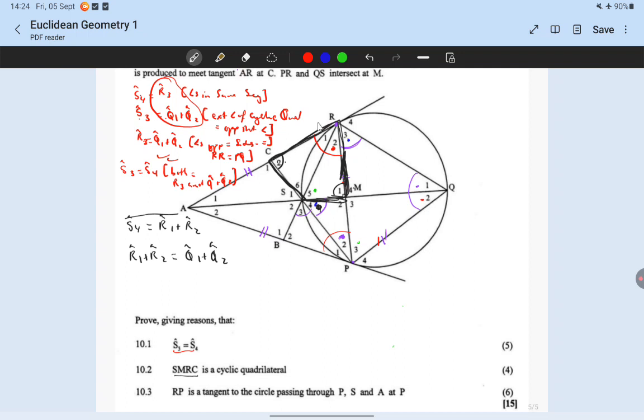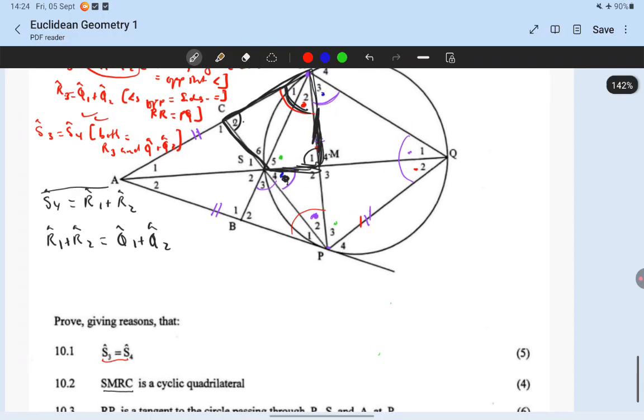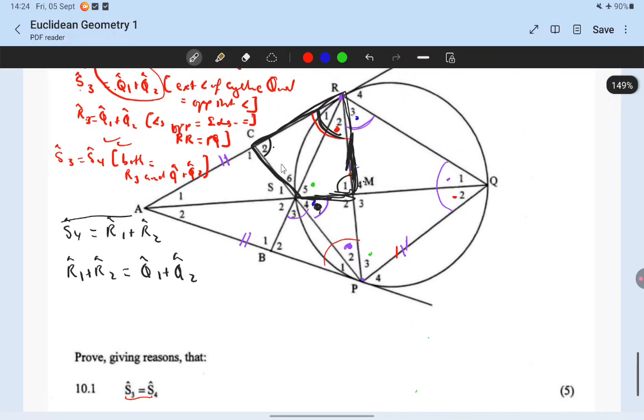We know that an angle formed by a tangent here will be equivalent to the angle formed in the alternate side there. Can you see that? Q1 plus Q2. And what will be the reason there? It is the tan chord theorem. So these are equivalent by the tan chord theorem.